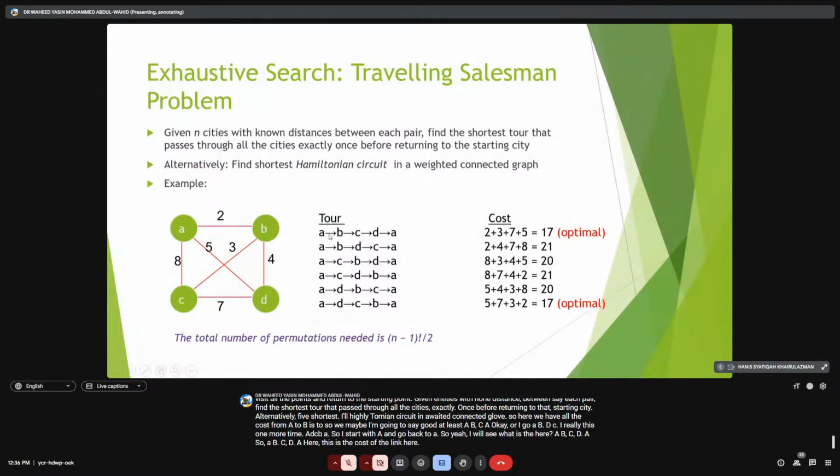I place here 2, meaning A to B is 2, and B to C is 3.